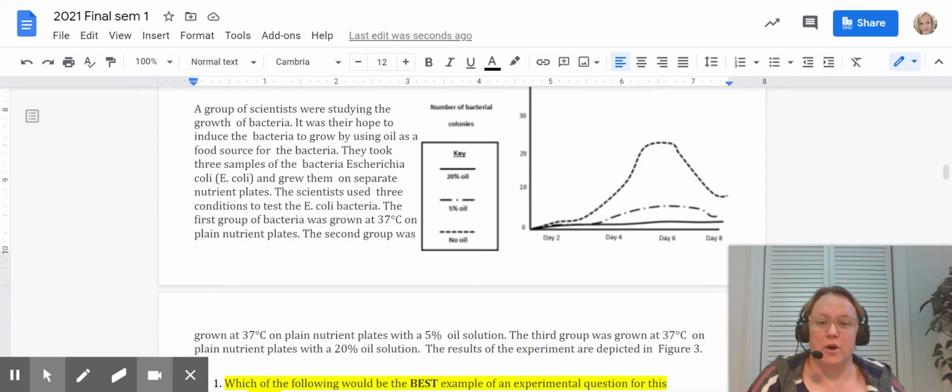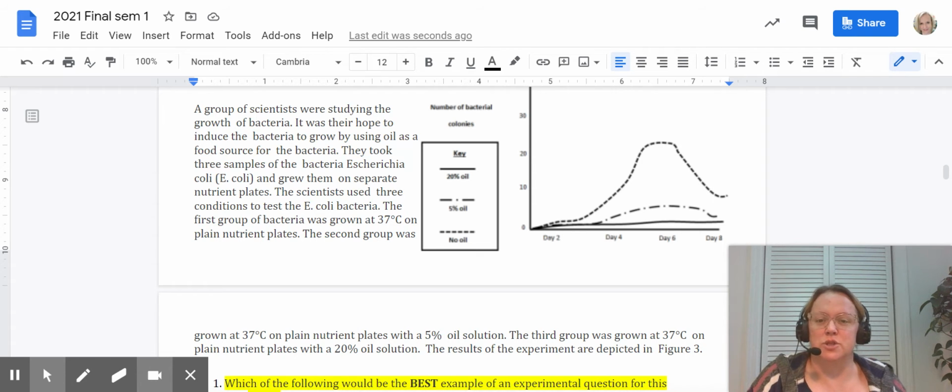Station 3, Variables. A group of scientists were studying the growth of bacteria. It was their hope to induce the bacteria to grow by using oil as a food source for the bacteria. So they're trying to make them grow. They took 3 samples of the bacteria Escherichia coli, or E. coli, and grew them on separate nutrient plates.